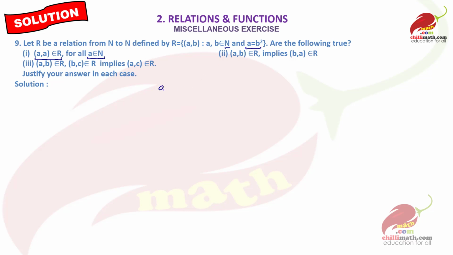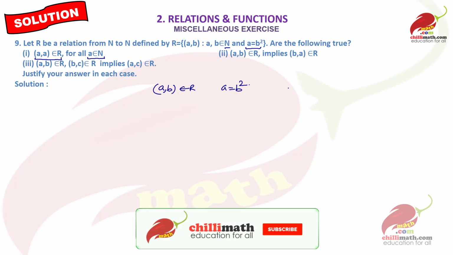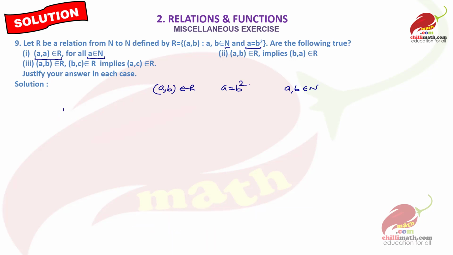So the relation is (a, b) means a = b², where a, b belong to N. So let us check the first condition. Again, if we say yes, we'll prove it generally, but if we say no, then we have to give at least one example.